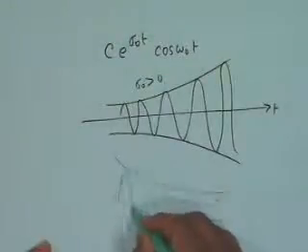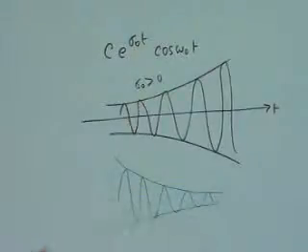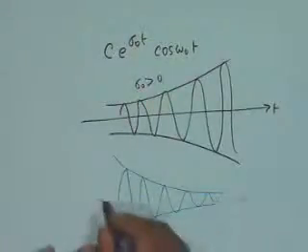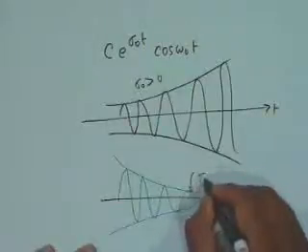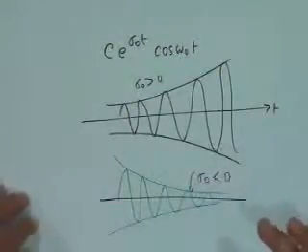It would be a decaying sinusoid like this. Sigma 0 is less than 0. If we know these basic considerations, then we can now treat the case where C as well as A are complex. Let's take the most general case.